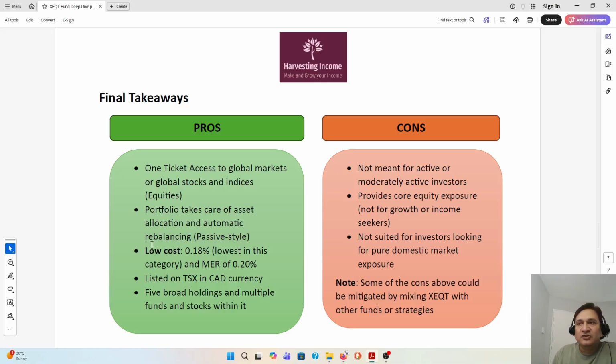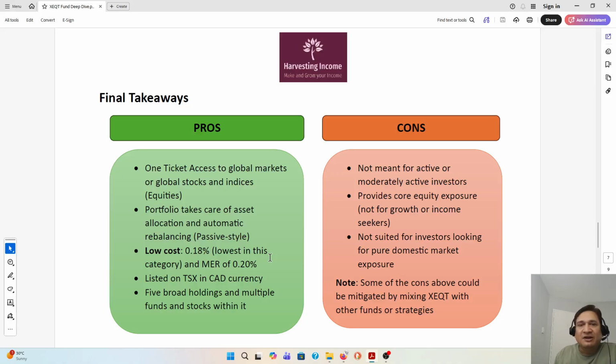The third point is also on the efficiency front. It is a low-cost ETF. It is 18 basis points, 0.18, which is one of the lowest in the category, and the total expense ratio is 0.20, again very reasonable. And this fund is listed on the Toronto Stock Exchange and available in Canadian currency.